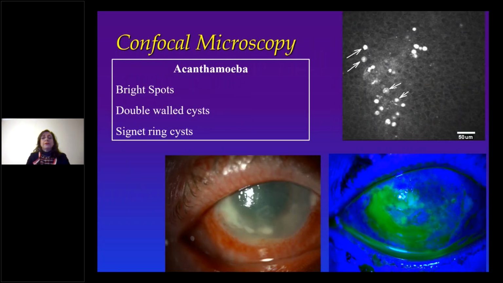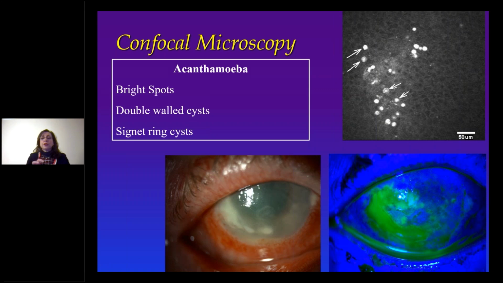Confocal microscopy is very useful to differentiate cases where you're not really sure whether it's viral or acanthamoeba, like in this case, where you have a large, geographical-looking ulcer, non-healing, non-responding, but you do a confocal microscopy and you see these acanthamoeba cysts, or double wall cysts, or sometimes signet-shaped cysts, and it all depends on how the microscopy cuts into the acanthamoeba cysts.